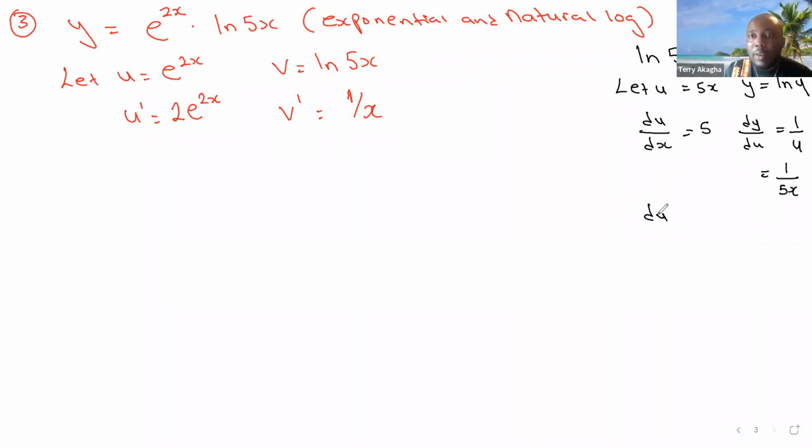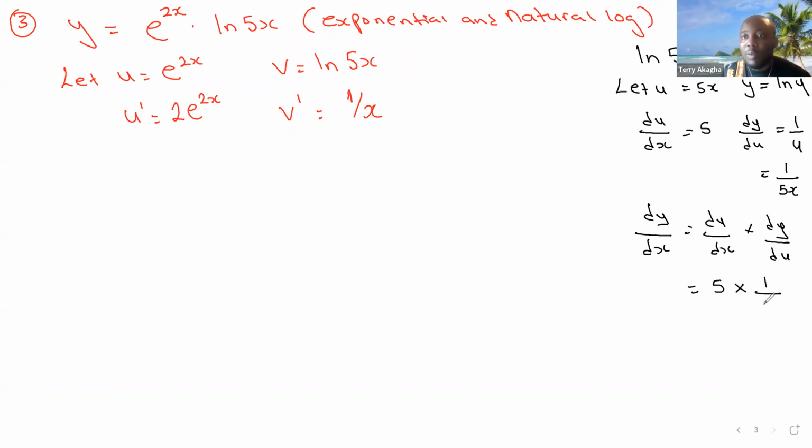But again, dy/dx is going to give you du/dx multiplied by dy/du. And this du/dx is going to be 5 multiplied by dy/du, which is 1 over 5x. And that will give you 1 over x. So that's how we got the answer to be 1 over x.